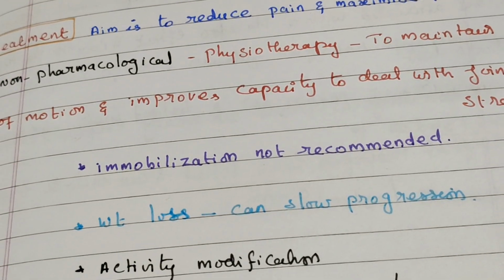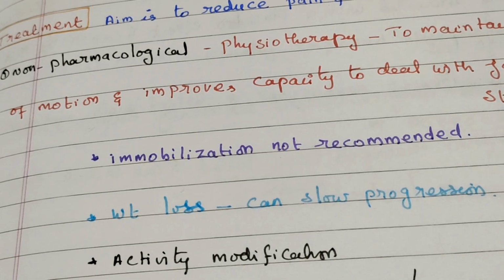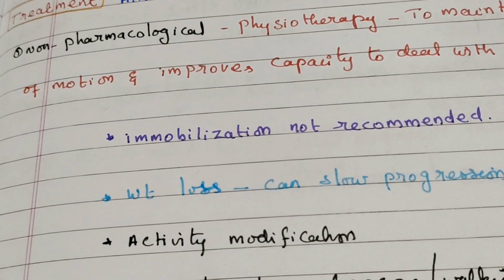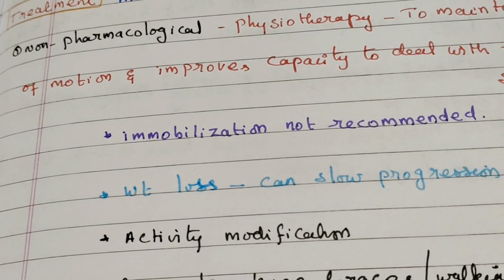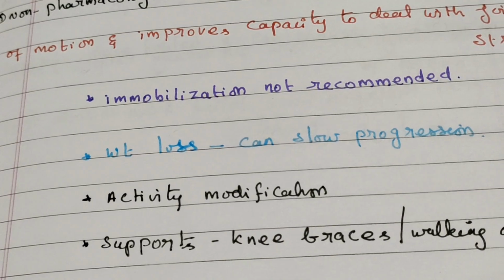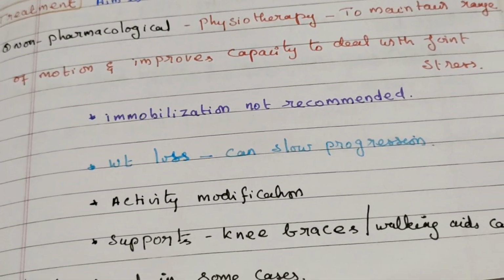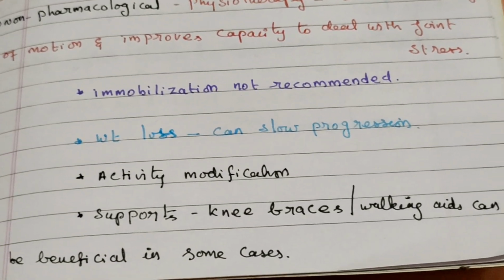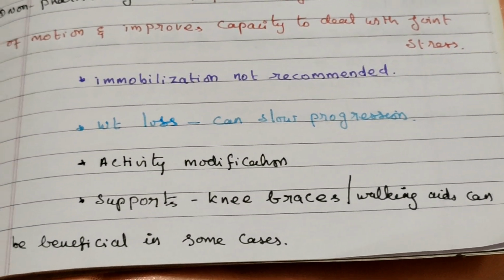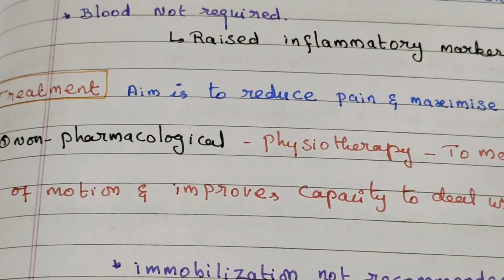Prolonged immobilization can promote contracture and so is discouraged, and weight loss can also reduce the load on joints and can slow the progression of disease. So weight loss, activity modification, supports, knee braces or walking aids can be beneficial in some cases. So these are the things.